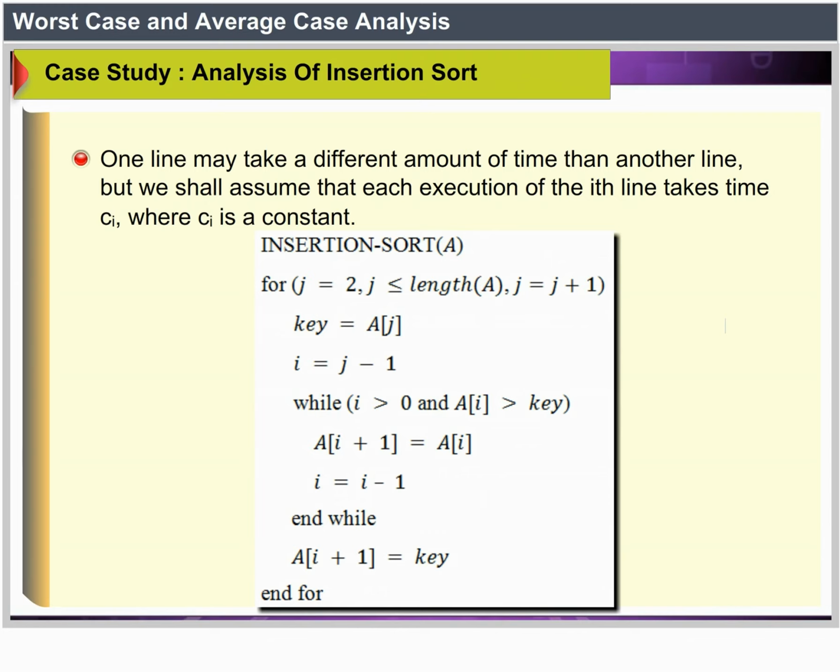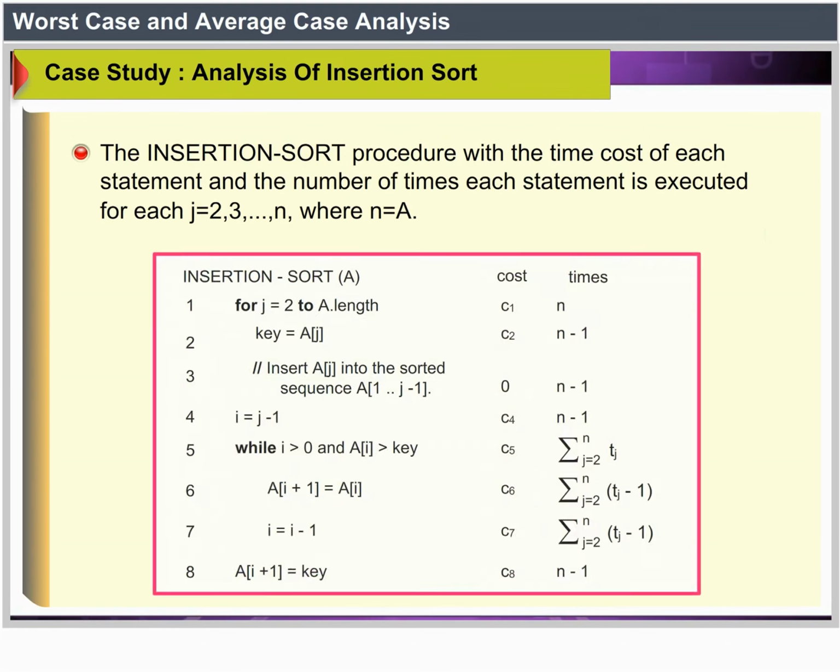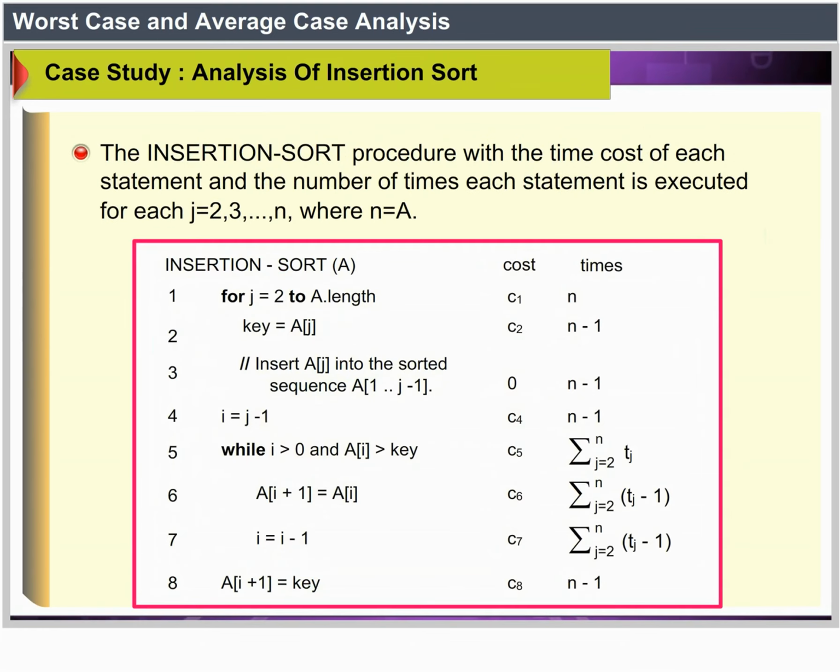This viewpoint is in keeping with the RAM model, and it also reflects how the pseudocode would be implemented on most actual computers. The insertion sort procedure, with the time cost of each statement and the number of times each statement is executed for each j equal to 2, 3 up to n, where n equals A.length, is shown in this figure.